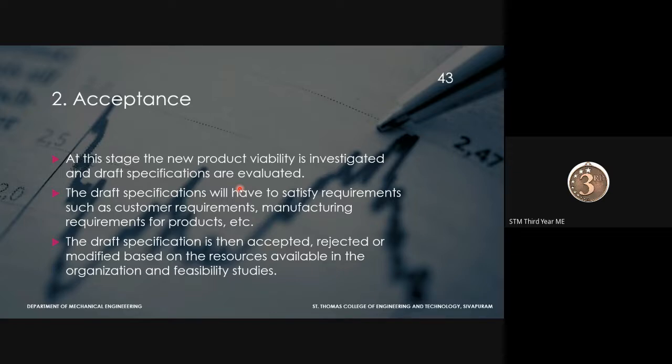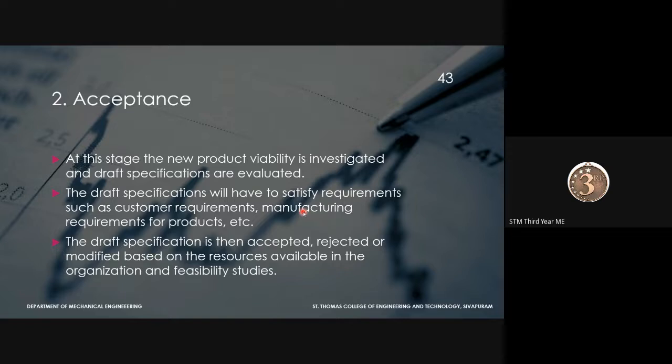So that is unacceptable. And for that purpose, we are checking the product that is being developed after the drafting of that idea and investigated for the draft specification. And it has to satisfy customer requirements, manufacturing requirements, etc. Okay, the customer requirement is the basic function there, and then manufacturing requirements.